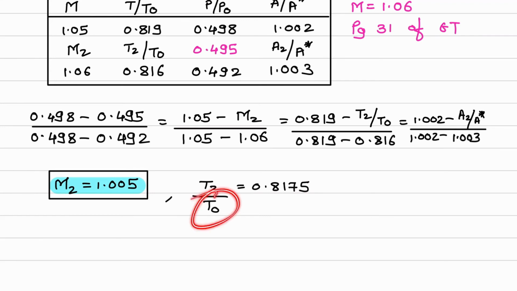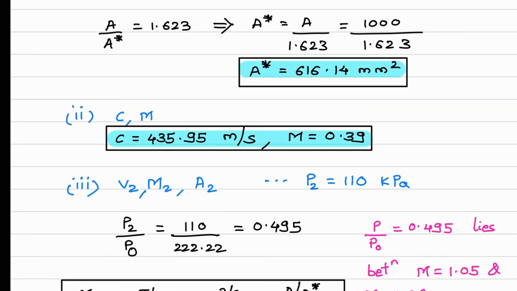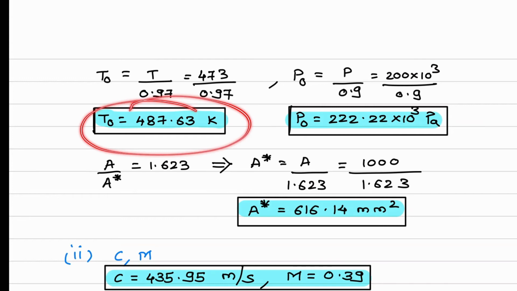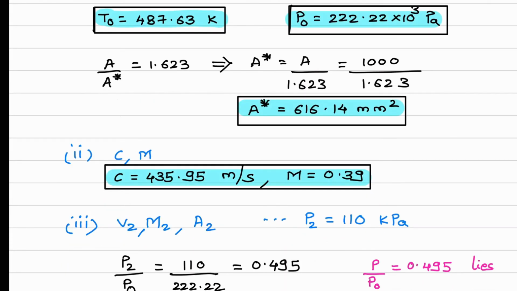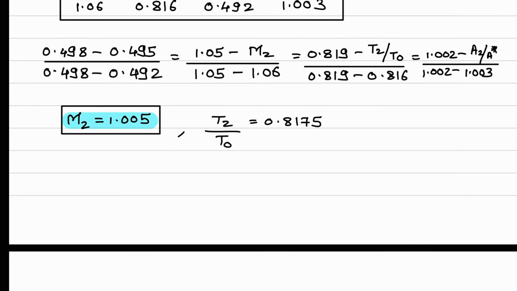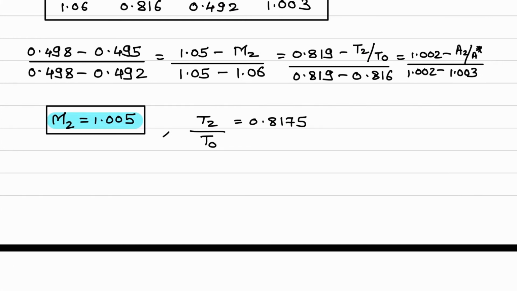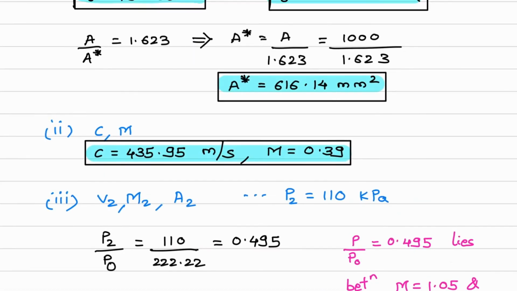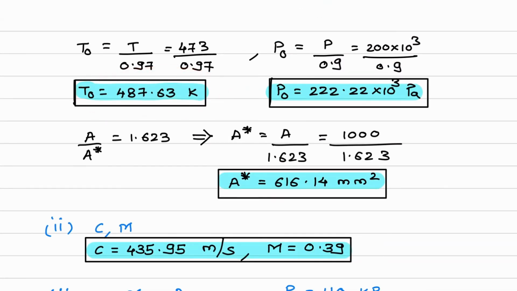Now T0 value I have already found out. Here you can see I have found out T0. So if I substitute T0, I can calculate T2 value, temperature at the outlet. So T2 value will be equal to 0.8175 into T0, and T0 is 487.63. Here you can see this is 487.63.